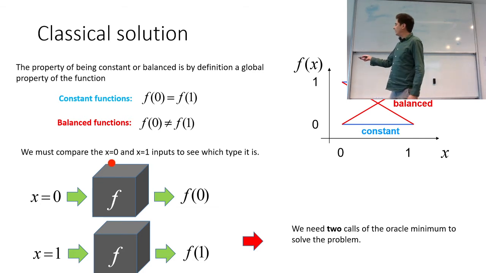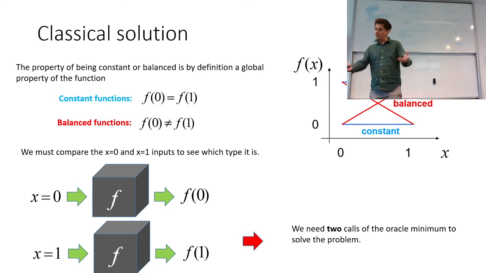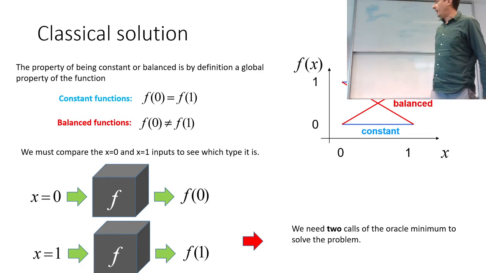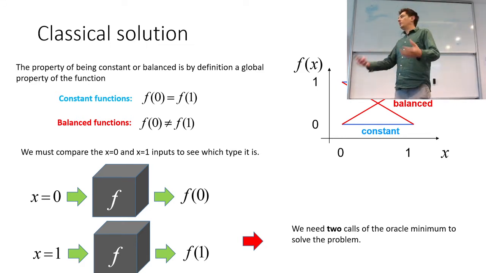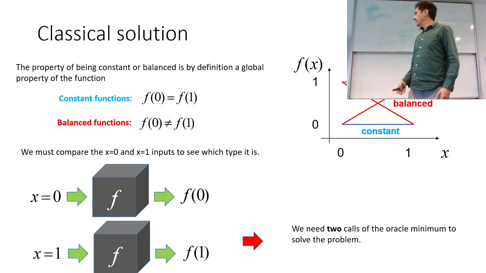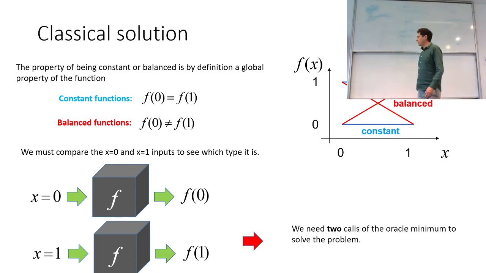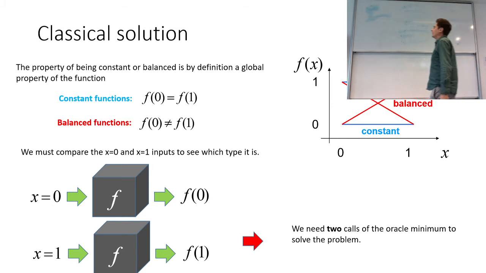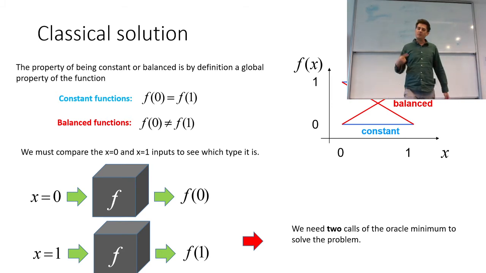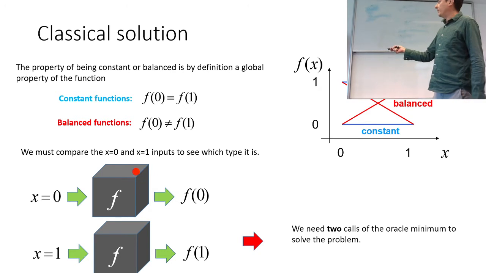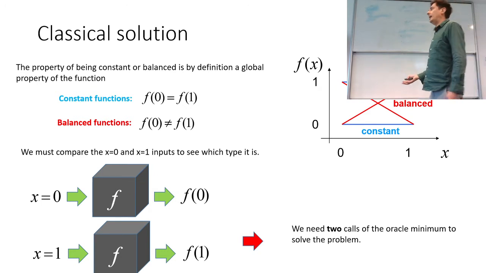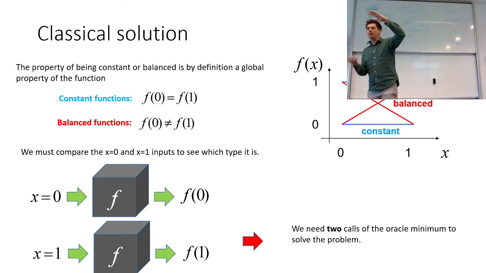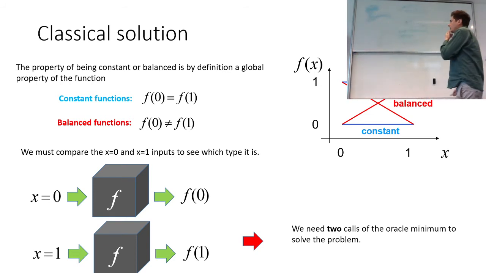Suppose it takes 3 hours to get this output, right? Then you've got to think carefully about how many times you're going to call the box, because 3 hours is quite a long time. If you need to call it twice, then it's going to take 6 hours, and you don't want to wait so long. So you want to minimize the number of times you call this black box, or in actual computer language, maybe it's like a subroutine.